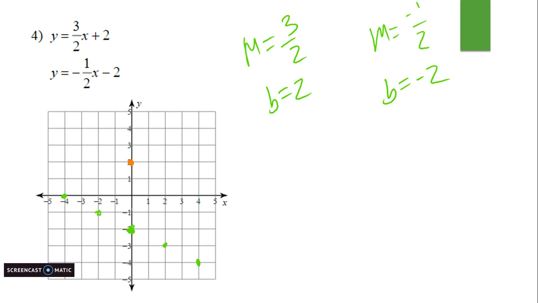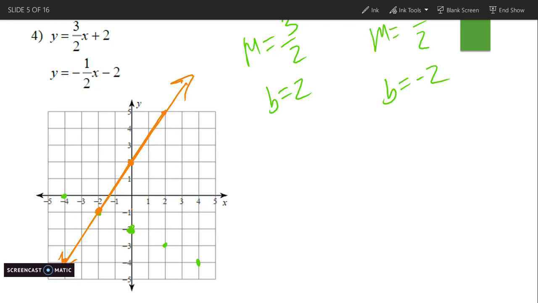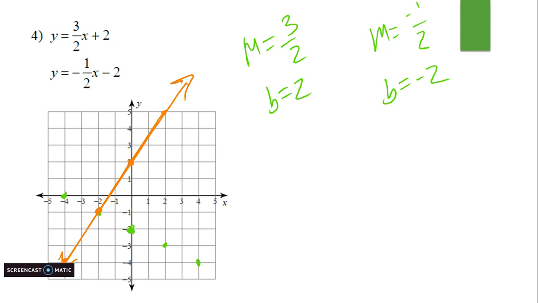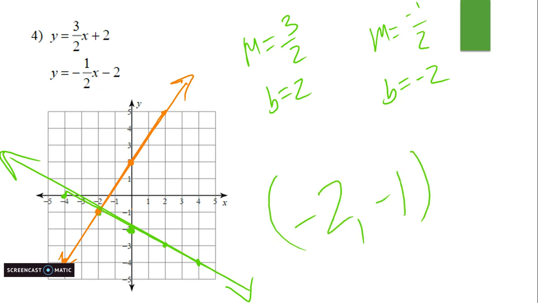Going down 3 and over 2, found our intersection point. Go ahead and add in any other points just so that we can make sure we draw a straight line. And we can already see that we're going to intersect at -2, -1. One more graphing.